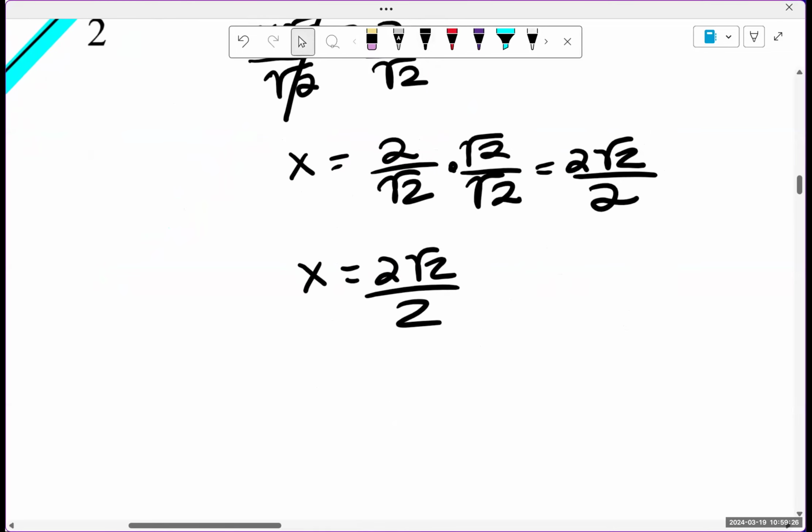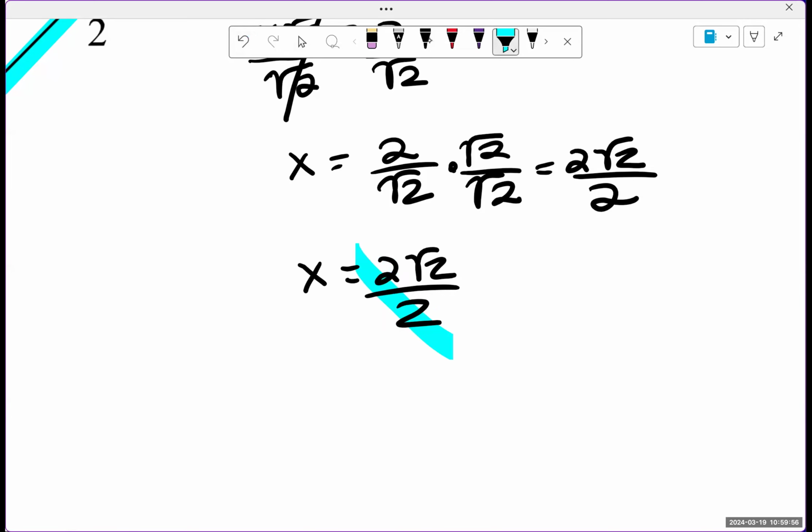Can I cancel? I see a whole bunch of 2s and I would like to cancel, but you need to be very careful which ones can cancel. So you can only cancel outside numbers with outside numbers, right? You can't do an outside with an inside. Do you see what I mean by outside? Reals with reals, radicals with radicals.